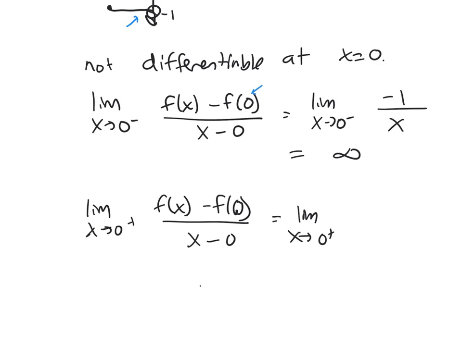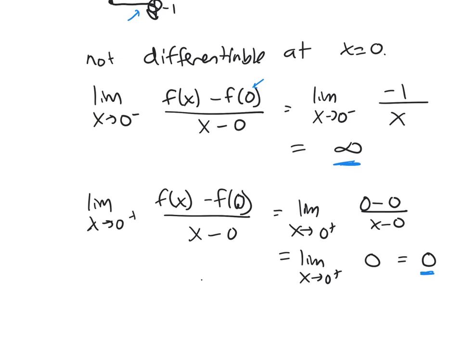So I get 0 over x, or just 0. And the limit of 0 is 0. So here, on one hand, I got infinity. On the other hand, I got 0. These were not the same values. So that's why my function is not differentiable at x equals 0.